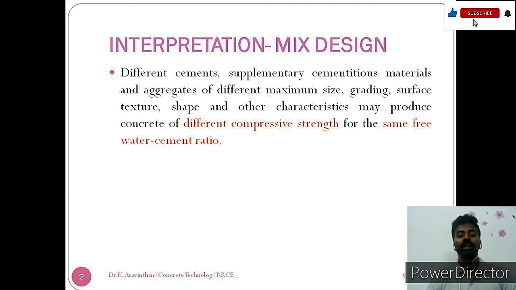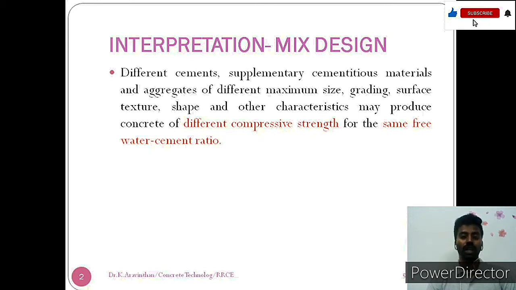In that graph, we have values for water cement ratio versus the compressive strength. If we take a particular water cement ratio, there are 3 grades of curve, and in that curve we are fixing and identifying the water cement ratio for the targeted compressive strength.